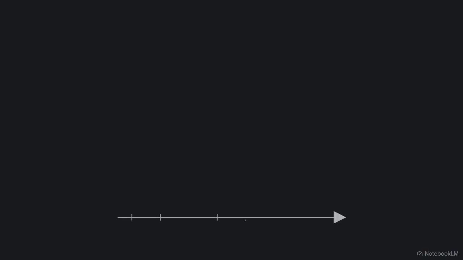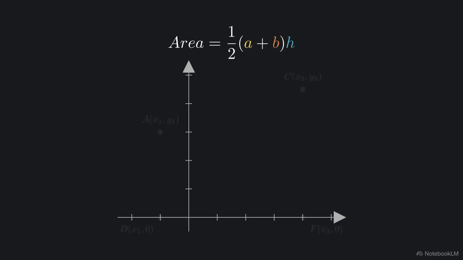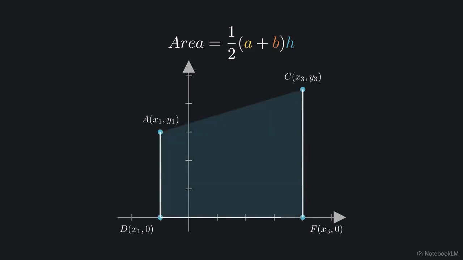The standard formula for the area of a trapezium is 1/2 times the sum of the parallel sides multiplied by the height. We apply this formula to our largest bounding figure, trapezium ADFC. The parallel sides of this trapezium are segments AD and CF. Since point D is on the x-axis, side AD's length equals the y-coordinate of vertex A, or y1.